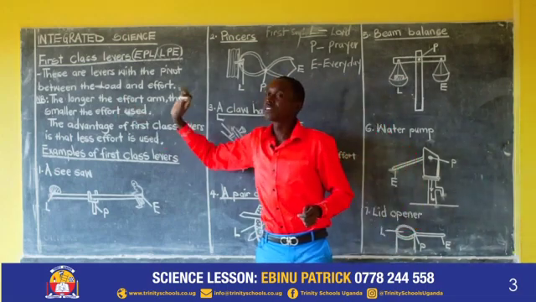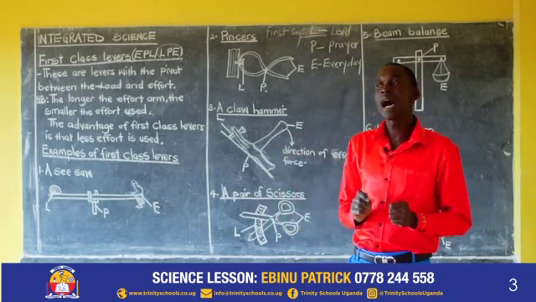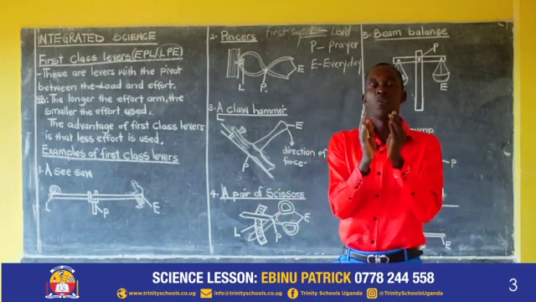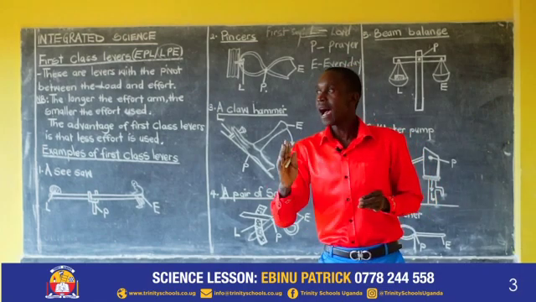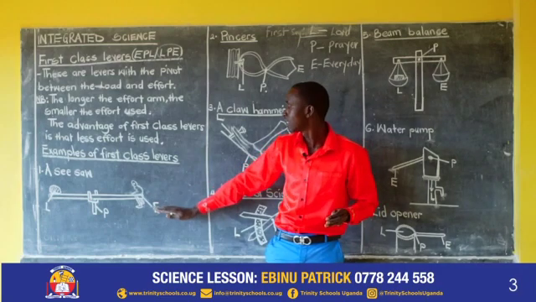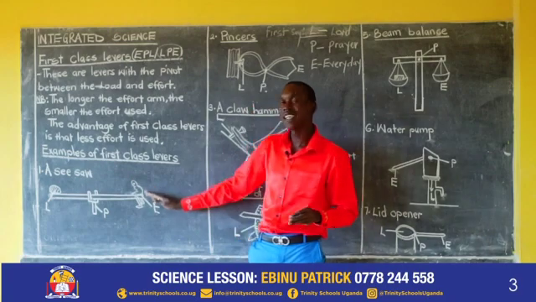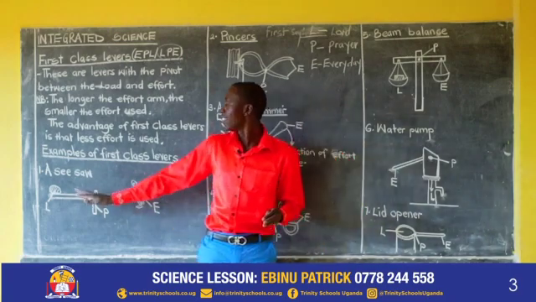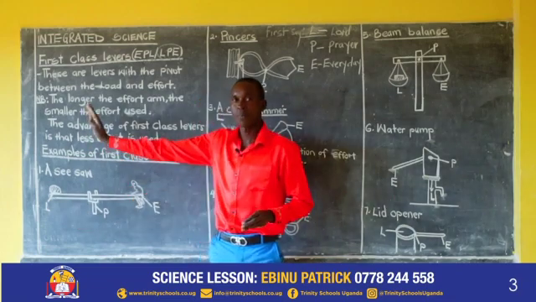Now, we are looking at these first-class levers. The best example that I can talk of is an item like a seesaw. With the first-class levers, as we are seeing, this boy seated here is the effort and the load is this side. This boy needs to push the stone up.